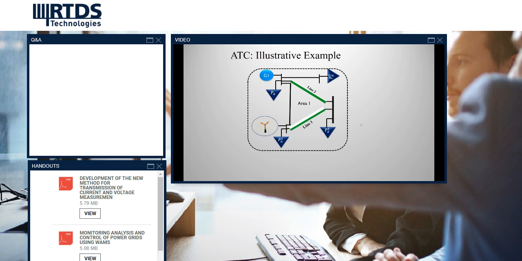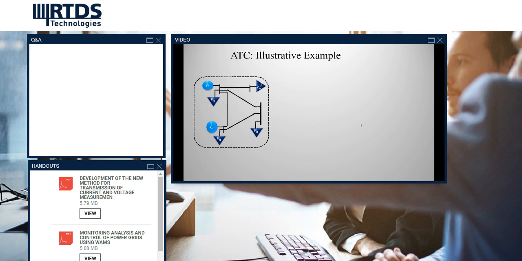For example, consider this case where we have 4 loads and 2 generation plants, one a wind farm and another a conventional plant. If the power increasing because of change in wind speed is allowed to flow through line 1, then the power flow through the line should be changing and the transmission capability margin would alter. Therefore, assessment of ATC is significant.